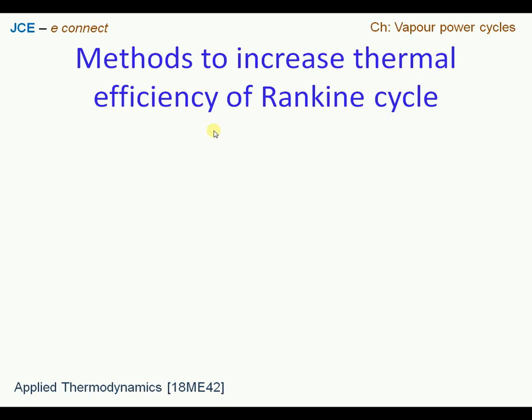However, we also understood that there is a limit on operating the condenser pressure, because reducing it beyond a certain limit can lead to a vacuum, air bubbles may be trapped, air leakage, and also reducing the temperature in the condenser may lead to moisture content during the final expansion of the steam inside the turbine.